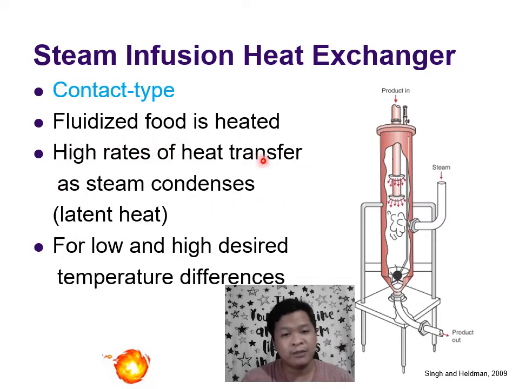The advantage, of course, is the very high rate of heat transfer and very fast process na kung ano man yung gusto mong maganap during the process, mangyayari yan in a matter of seconds, no? By the time bumagsak yung food mo dun sa bottom, tapos na yung desired heating process mo.